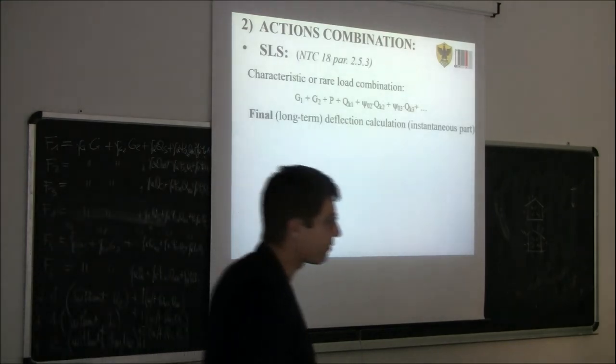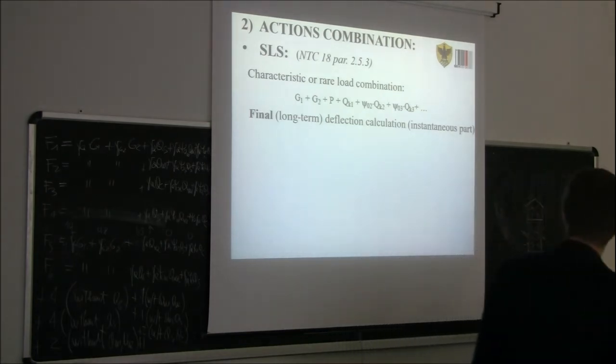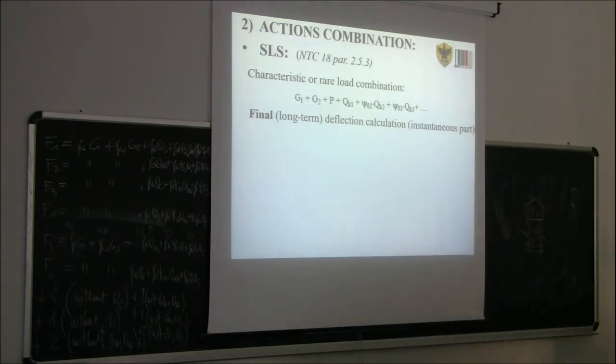Then we need to calculate the final deflection, so the deflection in the long term. The deflection in the long term is given by the sum of 2 components, the instantaneous deflection and the creep deflection. So for the instantaneous part, without the favorable load QW1, we have 5 loads: G1, G2, QS, QC, QW2.